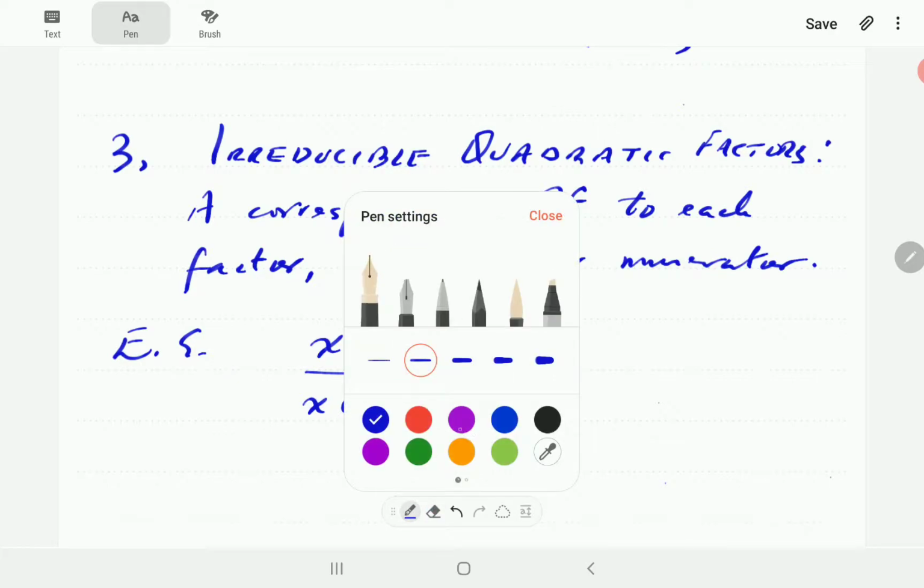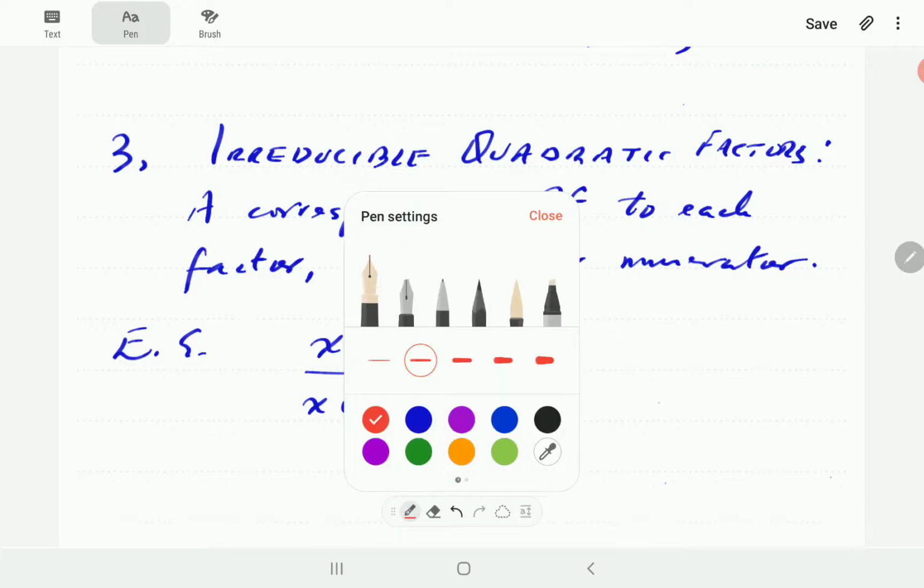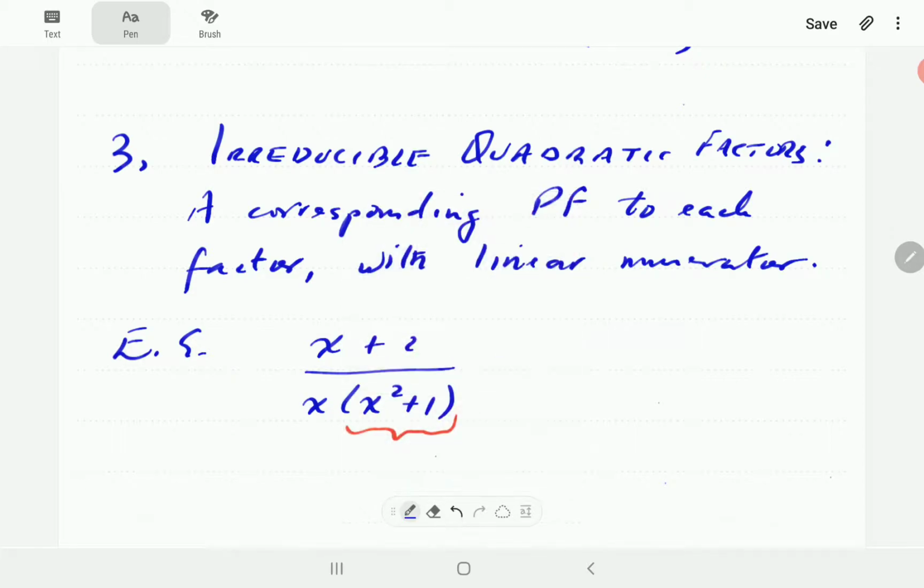So that means this here is an irreducible quadratic factor. This denominator is a cubic, so degree 3. So from what we said earlier, when we write the setup of the partial fractions for this, we should have 3 unknowns.